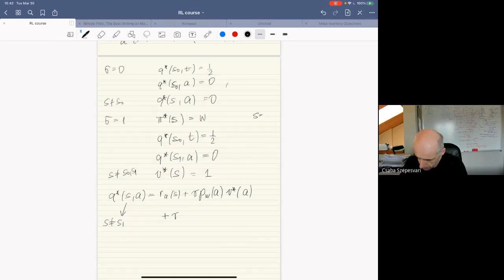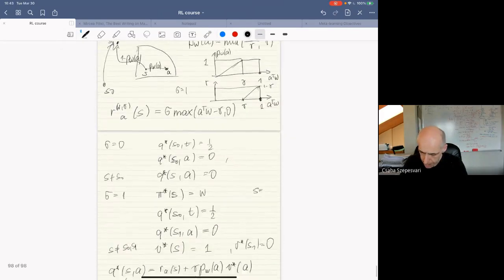Gamma times... minus PWA, and then you jump to V star at S1, and V star at S1 is just the set value of 0. Right? So what's RAS?